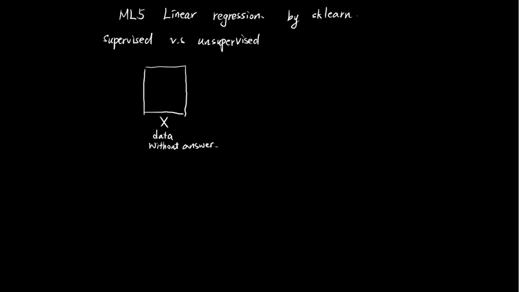So unsupervised learning is try to make a prediction, saying, okay, here is one group, here is another group, and try to label the data by some unsupervised learning algorithm. So this kind of training is called unsupervised.